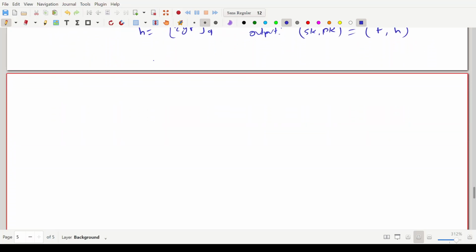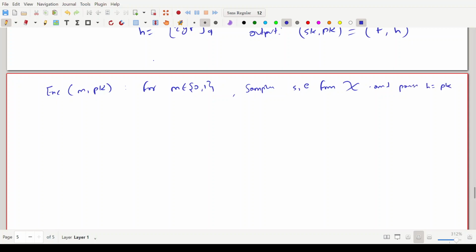Let us see encryption. In encryption, I have my message and I use the public key. So for m belongs to {0,1}, again sample s and e from chi, and parse h equal to pk. And what is the output?